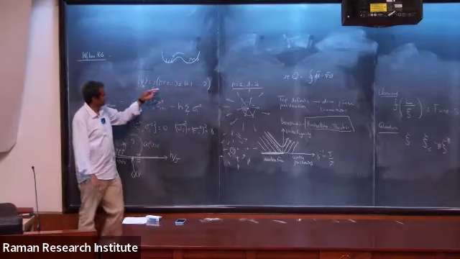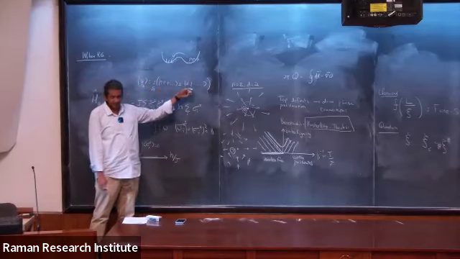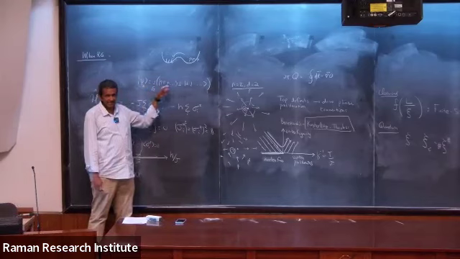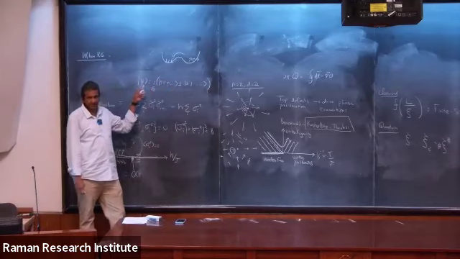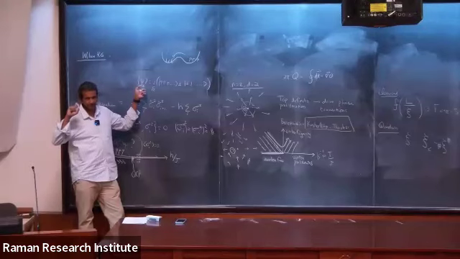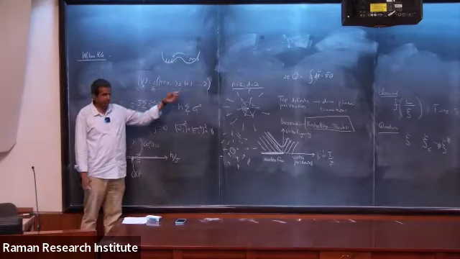And now the claim would be that these two configurations will be degenerate. But in the presence of a small non-zero H, these states, psi plus and psi minus, will have a very, very small energy splitting between them, right? So you go from all up to all down.